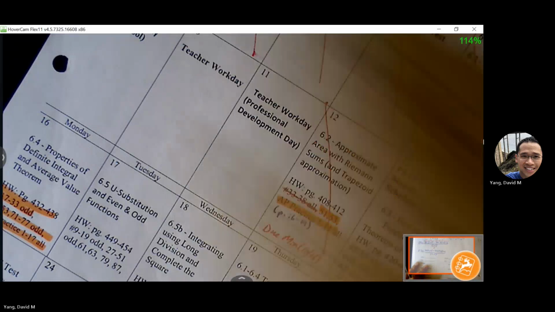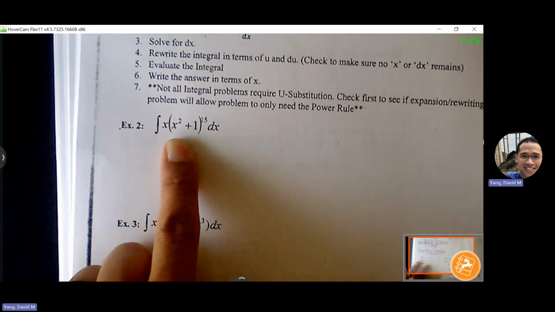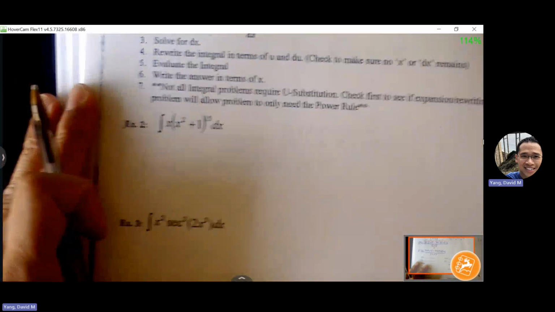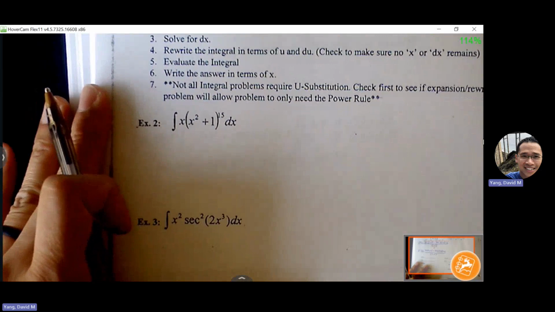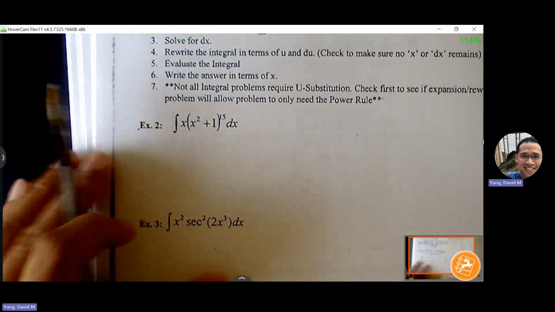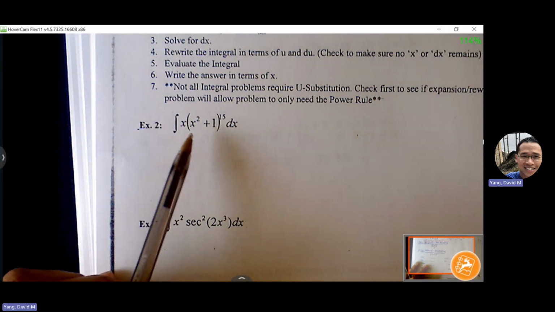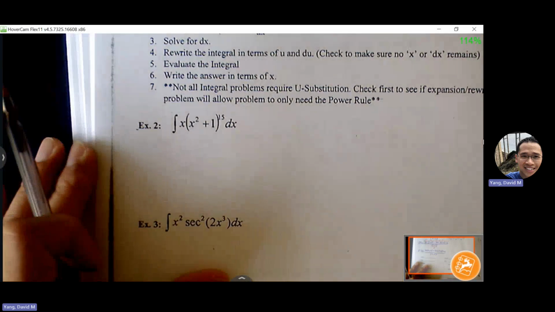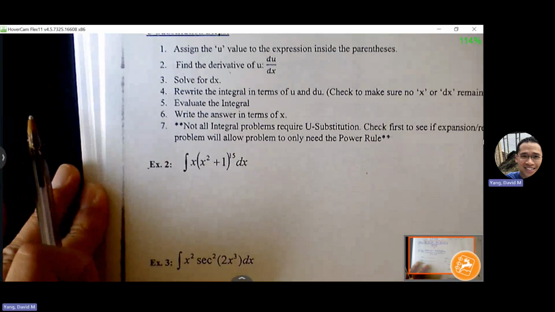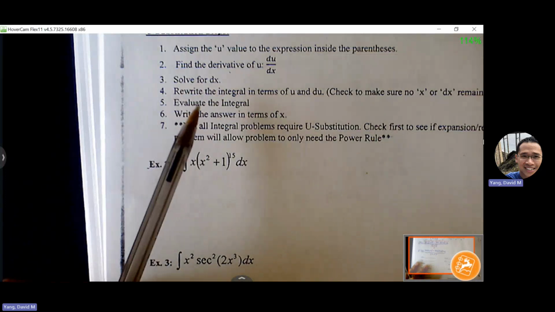But if we explore power rule and say this is too difficult to manage, then we go through U substitution. U substitution is identifying a portion of the problem and then simplifying the problem for us.